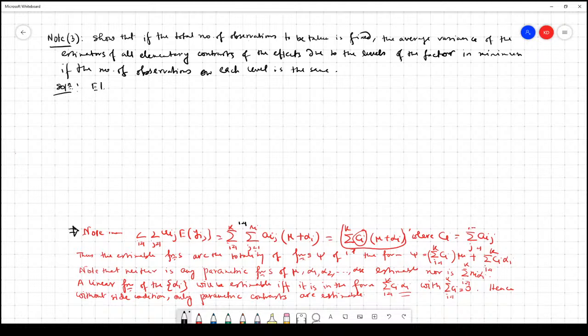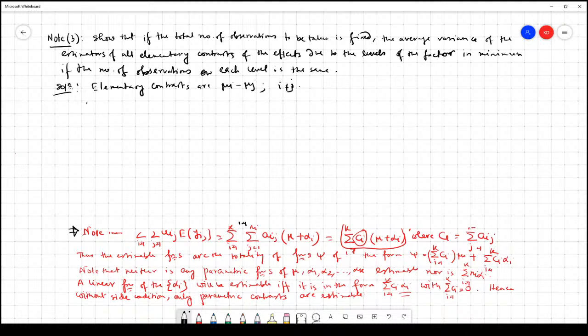Elementary contrast, we know, means mu I minus mu j, where I not equal to j. So these are elementary contrasts.